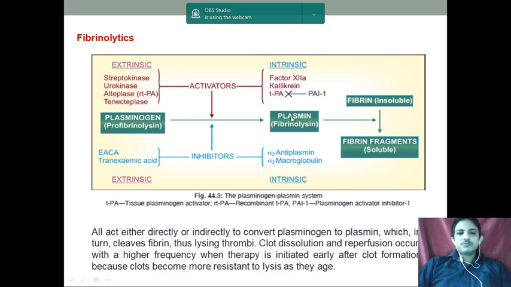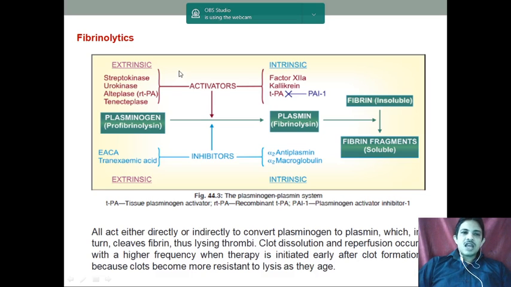Plasmin is important because it is responsible for the breakdown of fibrin. Fibrin is insoluble in nature, and when plasmin acts on it, it cuts the fibrin into small soluble fragments, which remain in the blood and are then excreted from our body.